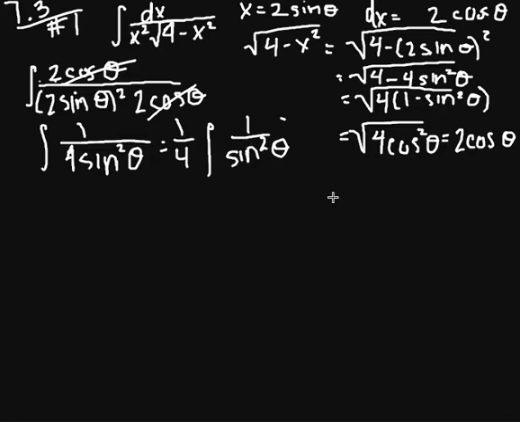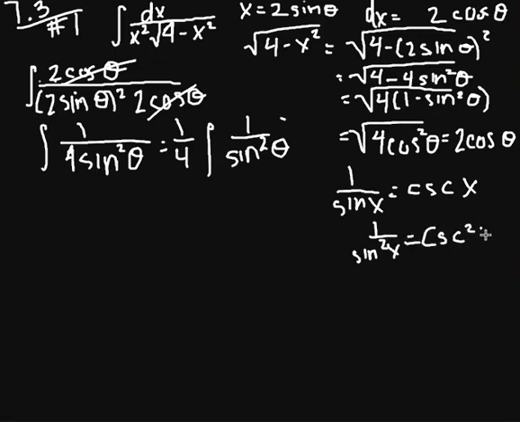So we know that 1 over sine of x is equal to cosecant x. So by that logic, 1 over sine squared x is going to equal cosecant squared x. And in this case, we're using theta, so this would be 1 over sine squared theta equals cosecant squared theta.